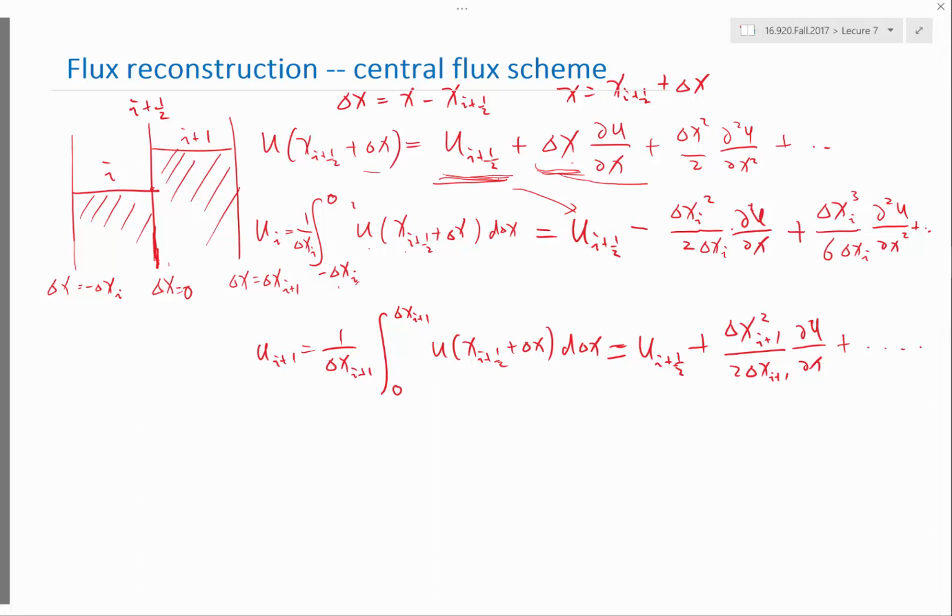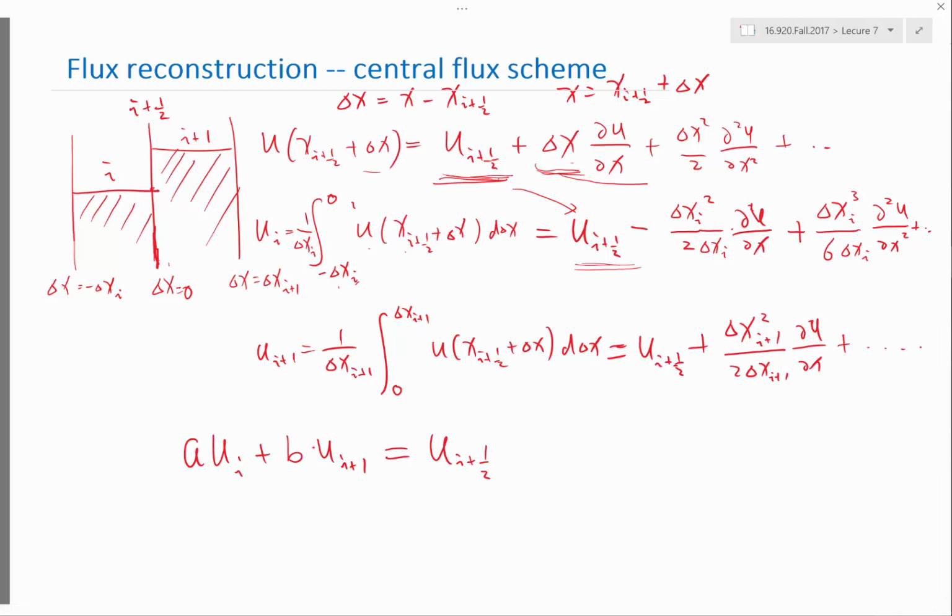So if we truncate the Taylor series, it gives me an approximation of the cell average values expressed as a function of the interface values. Then I can figure out a way to perform a linear combination, a times ui plus b times ui plus 1, that would be as accurate an approximation to u at I plus half as possible, right?